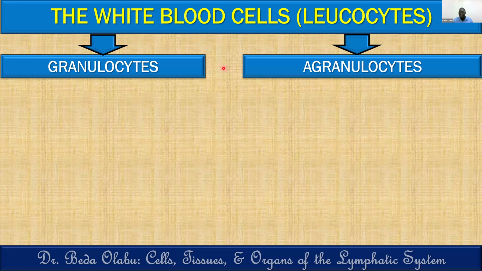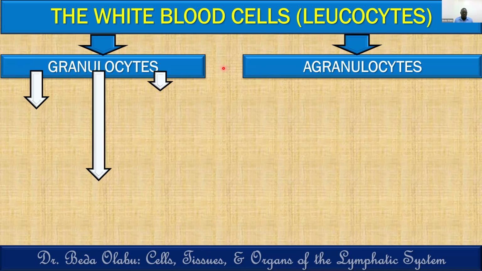It could be histamine, leukotriene, and the like, several types of chemicals which are present within these vesicles, which we are calling granules. So the cells which have a lot of granules in their cytoplasm will be called granulocytes. And the ones which do not have a lot of granules in their cytoplasm are now called the agranulocytes.